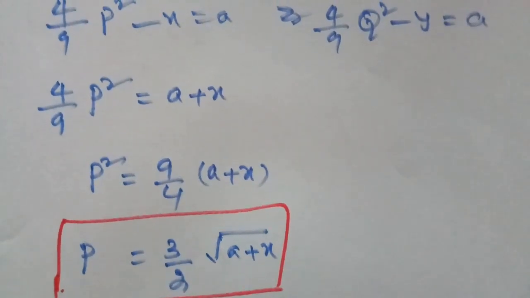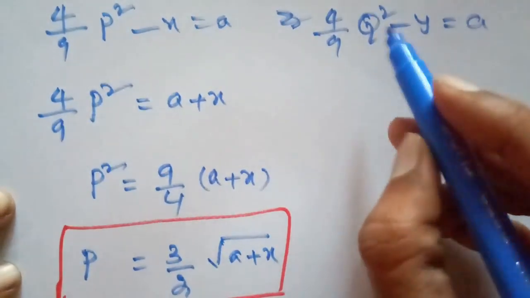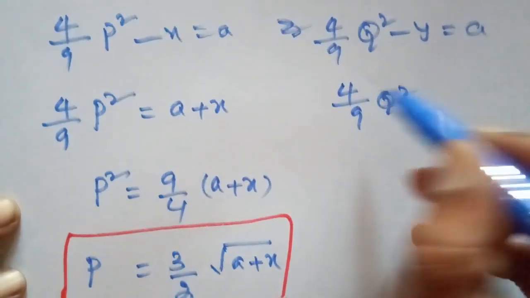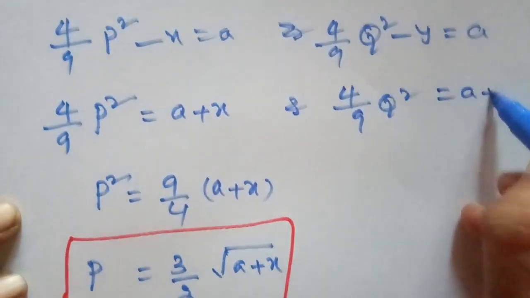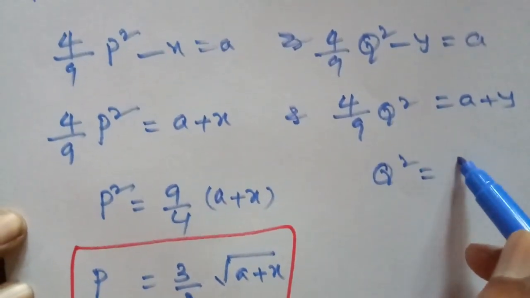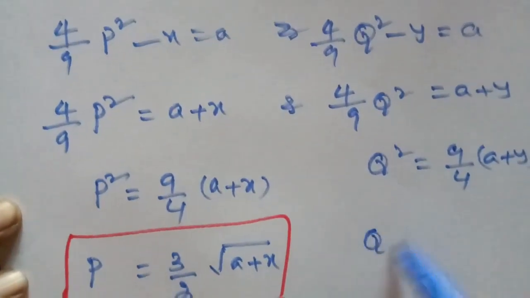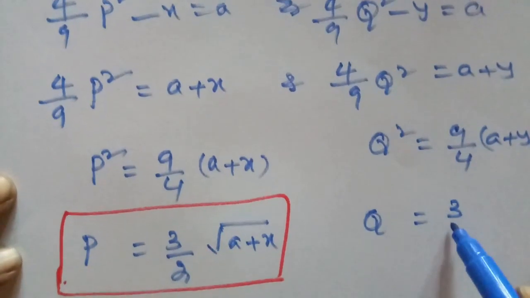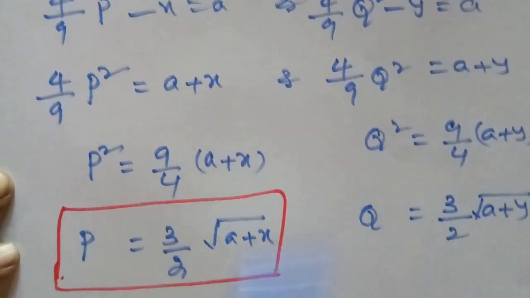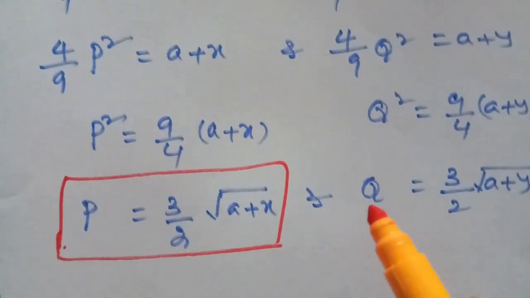No need to write the equation, we can directly substitute p and q. Now 4 by 9 q square equal to a plus y. Therefore, q square is equal to 9 by 4 into a plus y. Taking square root on both sides, q is 3 by 2 into root of a plus y.